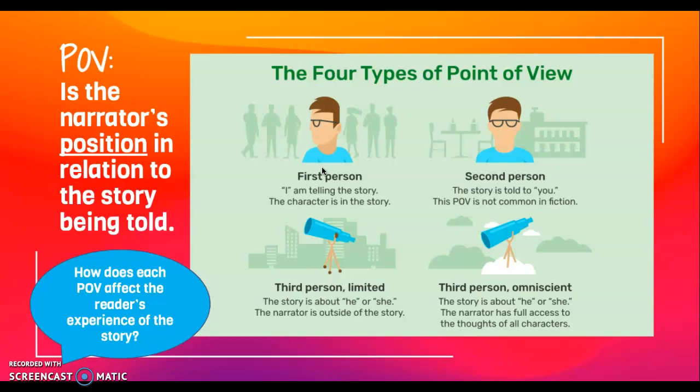It's possible that this person has a slightly skewed perspective on the world around them or the events that are taking place. In the case of The Telltale Heart, our narrator was very, very clearly suffering from insanity, which added to his unreliability. But there's lots of different factors that could make a narrator unreliable.